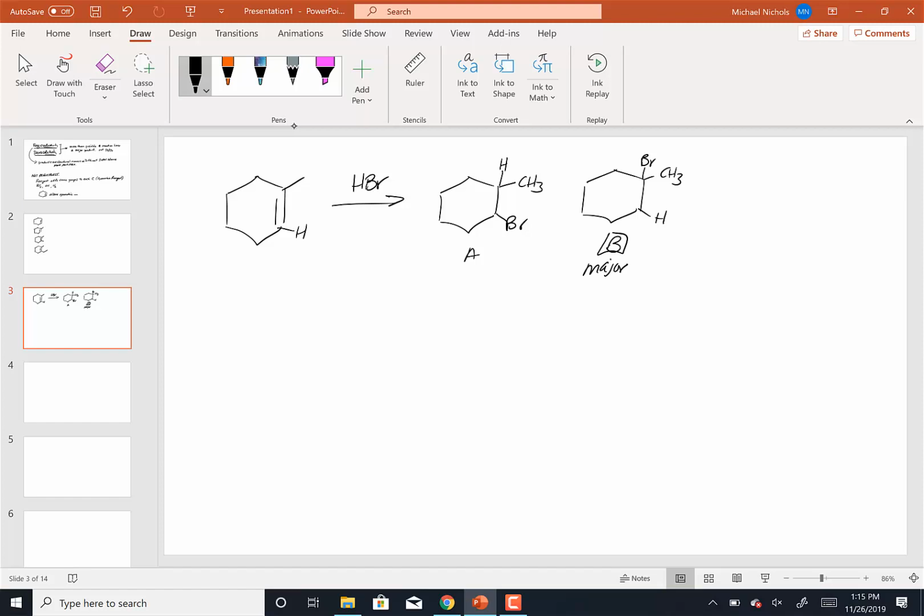And the different structures always arise because of Markovnikov, anti-Markovnikov, as long as the system isn't symmetrical. Then we have two products, two structural isomers. Did the reaction select one over the other? Yes, because this is Markovnikov and the Markovnikov product is formed. So this one would be classified as regioselective.